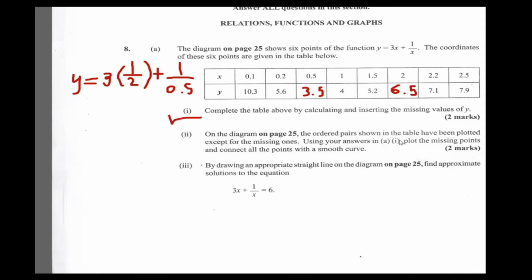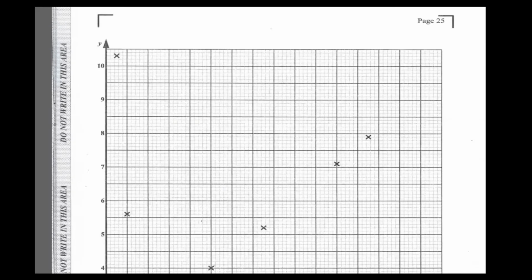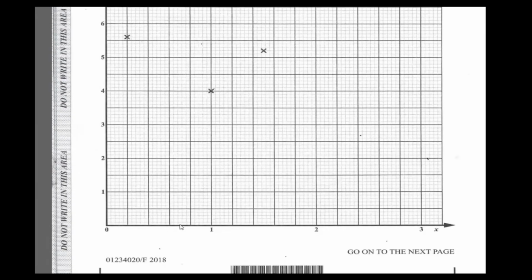It says on the diagram now, plot the missing points and plot a smooth curve. So 3.5 and 6.5, those are the missing values. When x is a half, this is 0.2, 0.4, so 0.5 would be here.